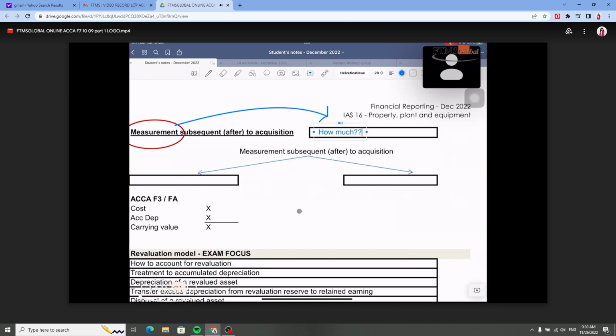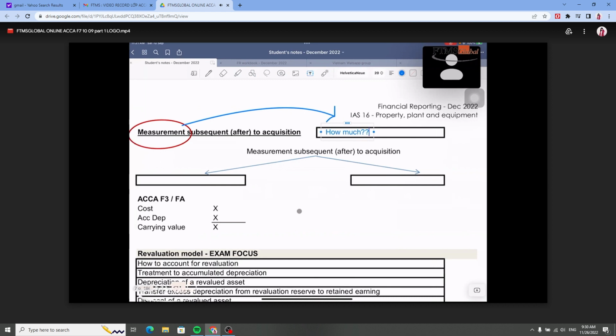Okay, so I think most of you will know there are two models. The one that you have done in your earlier paper, FA or F3, cost minus accumulated depreciation, you get a carrying value. This one everybody is very familiar with, correct? Actually there's a name for this model. This model is called a cost model.